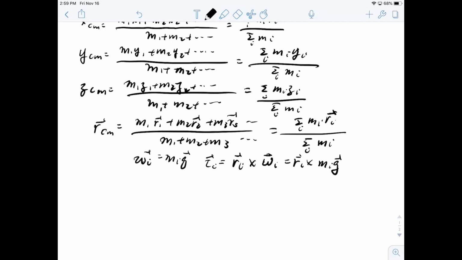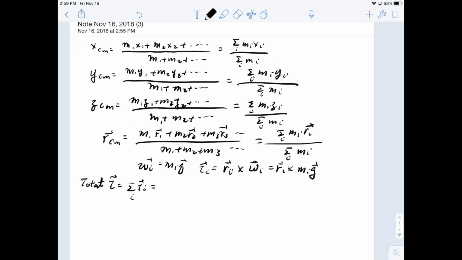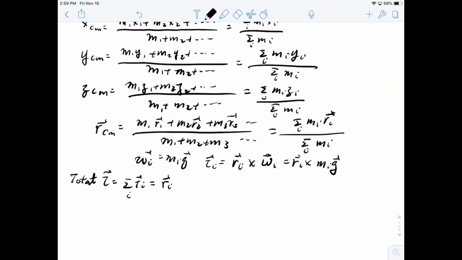Then the total torque of the system will be the sum over all the torque i, from the gravitational force of each individual object, summed over all of them. Let's pull the mi ri out.